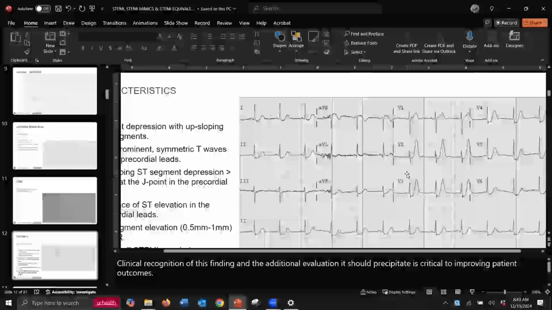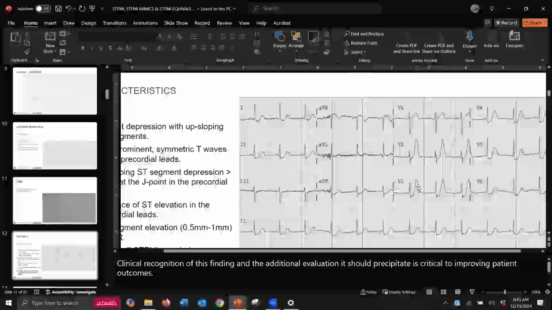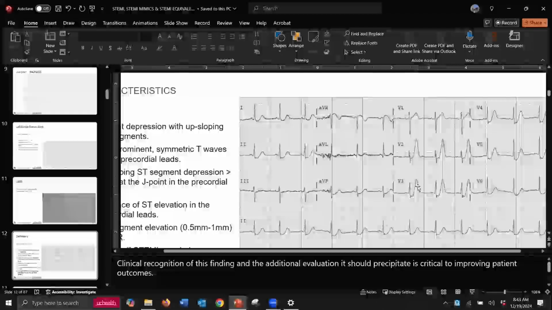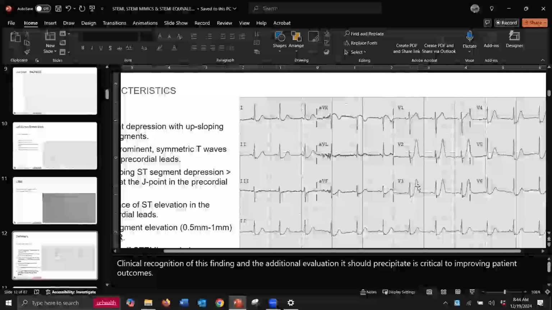So broad, tall, non-peaked. Some people would look at this in V2, V3, V4, even V1 and go, well, those are massive T waves, I think it's hyperkalemia. Because they are incredibly tall. They look like a hyperkalemic T wave, except they're missing one thing, and that's the tent.